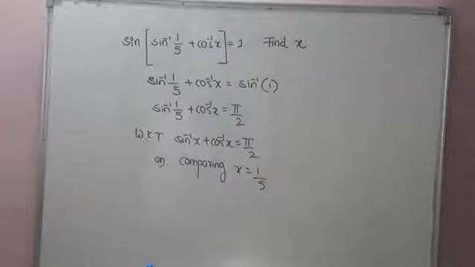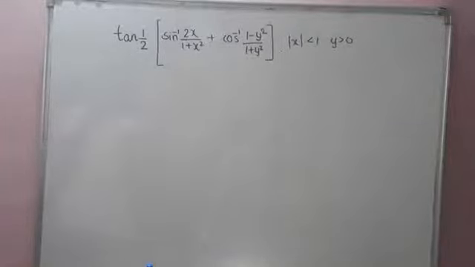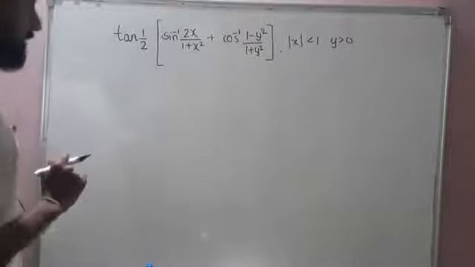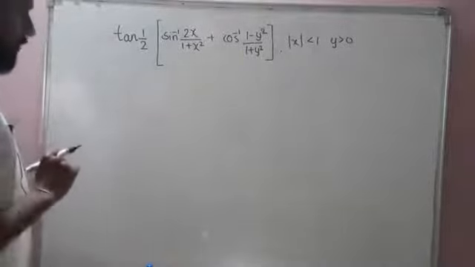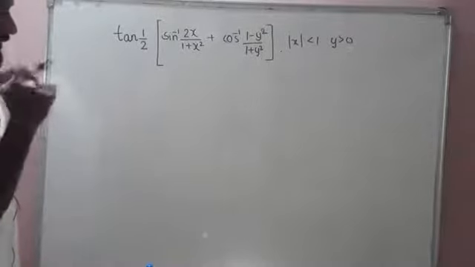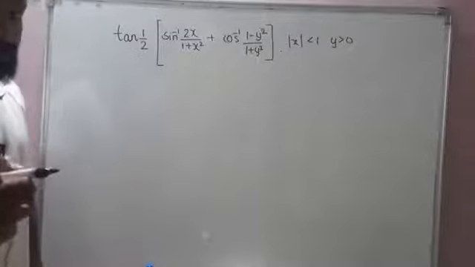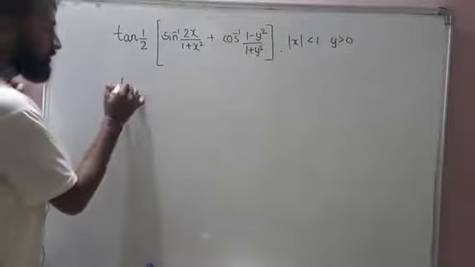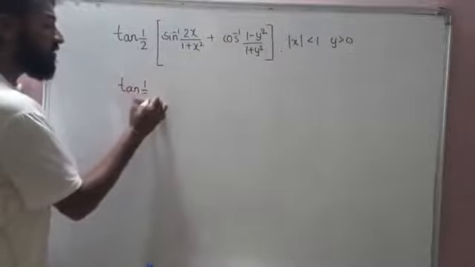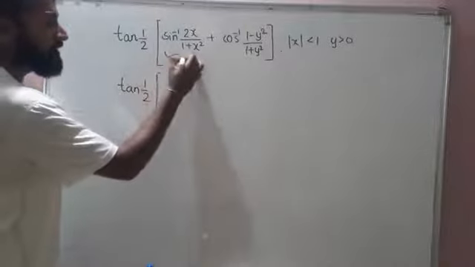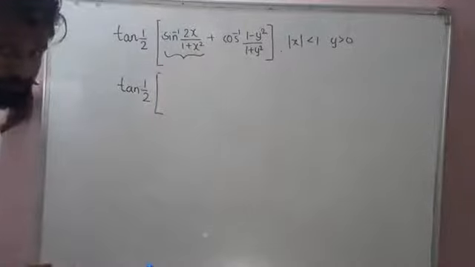Well, dear students, this question, again we need to find the value of this one. If you see this one and if you remember the properties properly, you can say that this is tan of half. This is nothing but a property that we have seen. Very good.